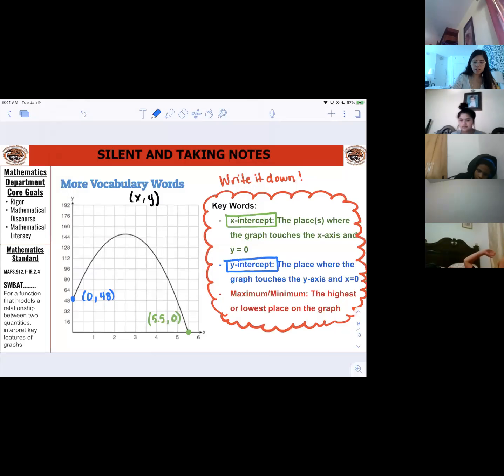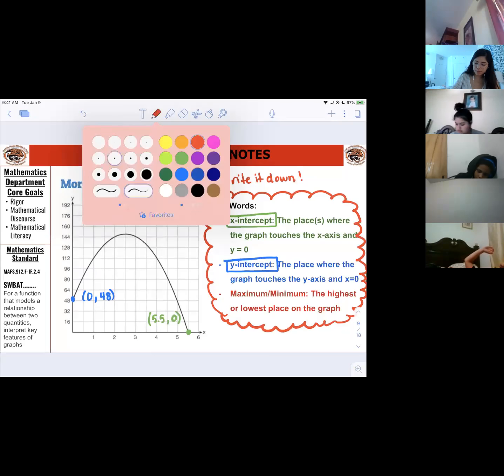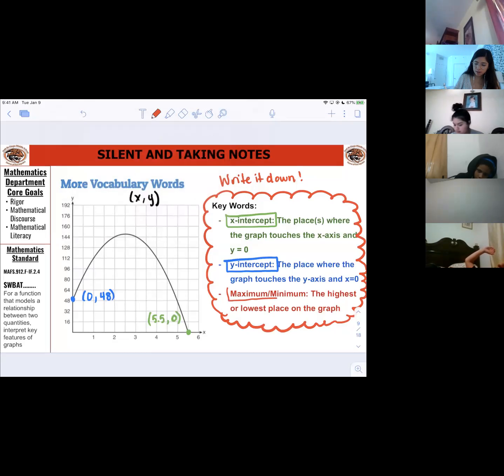Okay. Now the maximum or minimum is always going to be like the peak of the mountain. If it's shaped kind of like a mountain, you're looking for the top point. And if it's going the other way, you're looking for the bottom point. Now in this case, do I have a maximum or a minimum? Yeah, a maximum, because I have a mountain, it's going up and going back down.